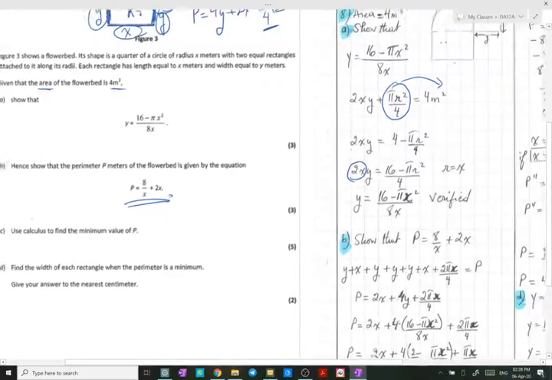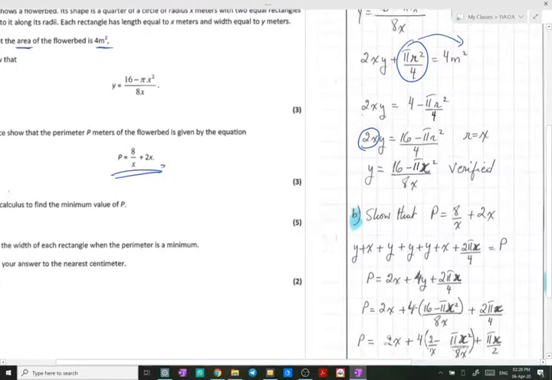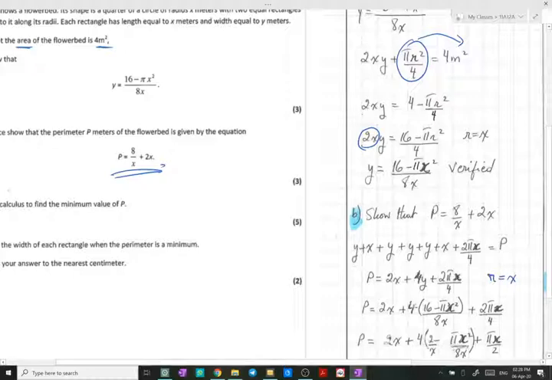So applying this formula here, we reached this value. P is equal to 2x plus 4y plus 2 pi r over 4, and we know that r, the radius, is equal to x. So instead of r, you directly write x.